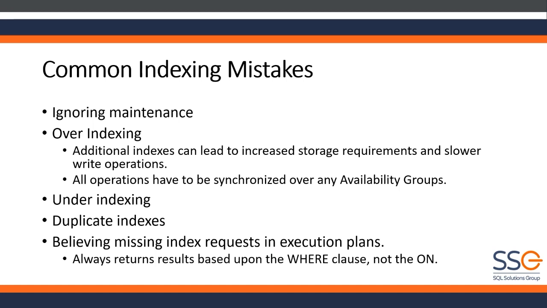One thing we also see is duplicate indexes or borderline duplicate indexes. And what that means is you've got indexes which are perhaps indexed on the same fields, but with different includes. Why would you have those two indexes separate?